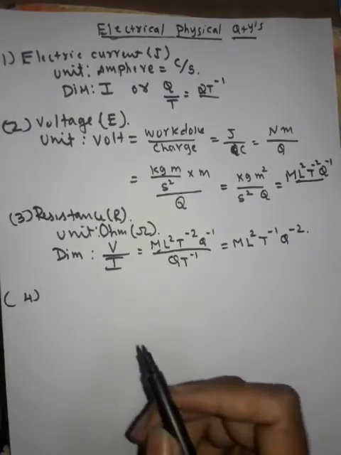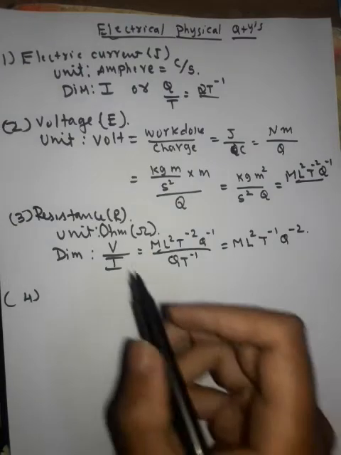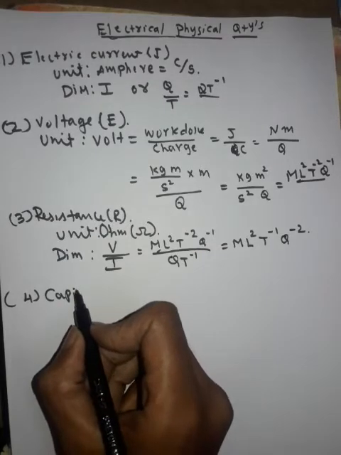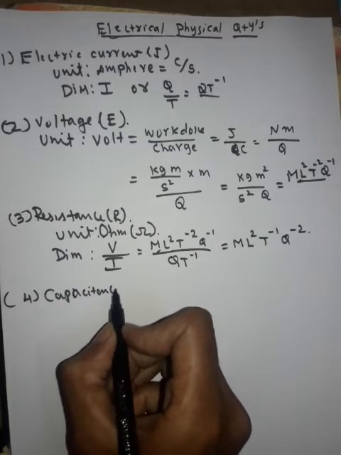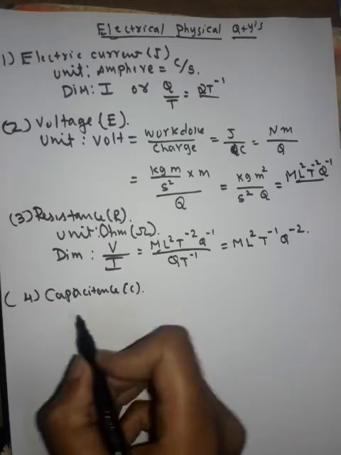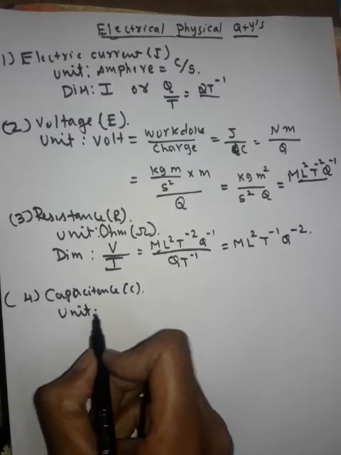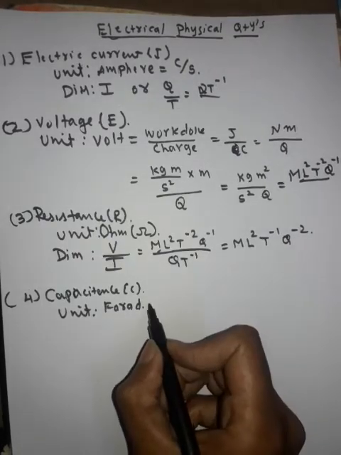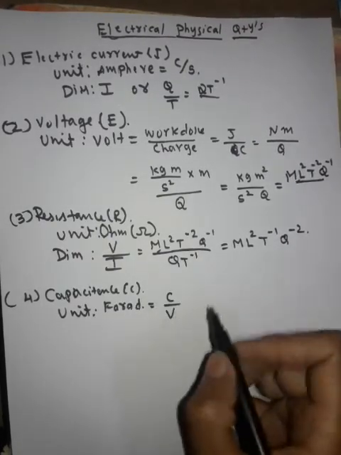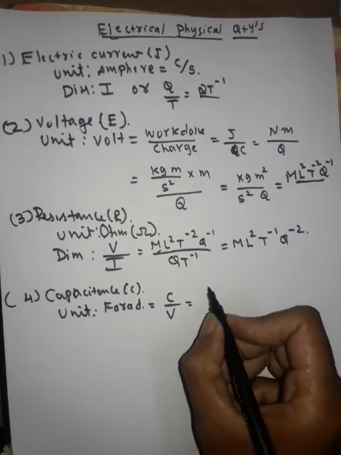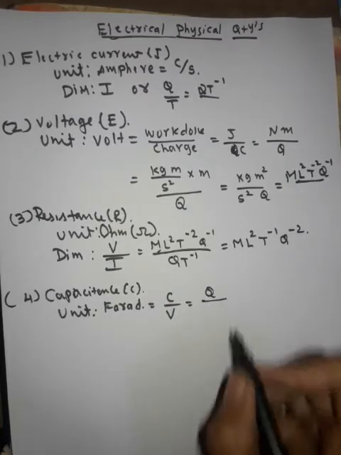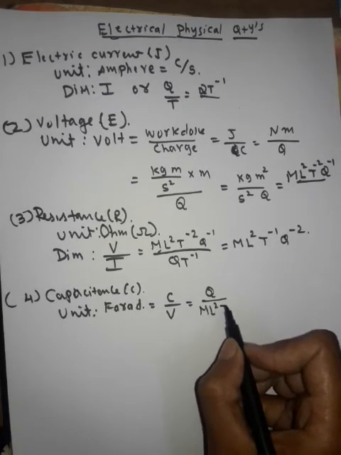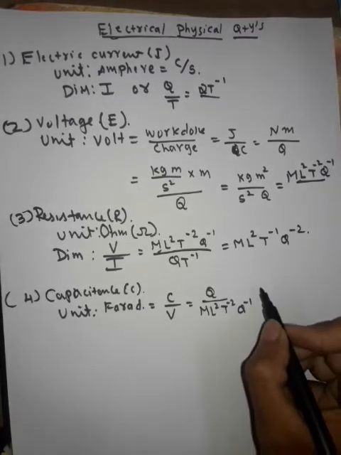And the next comes capacitance, which is denoted by C. Its unit is farad, which is equal to charge per voltage, which is given by Q divided by voltage, M L square T power minus 2 Q to the power of minus 1.